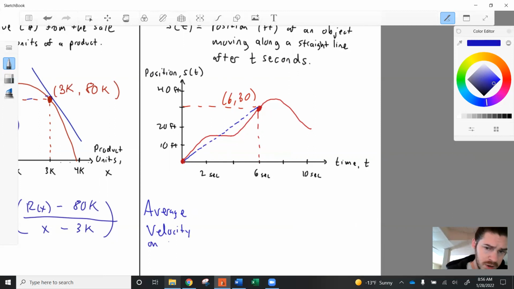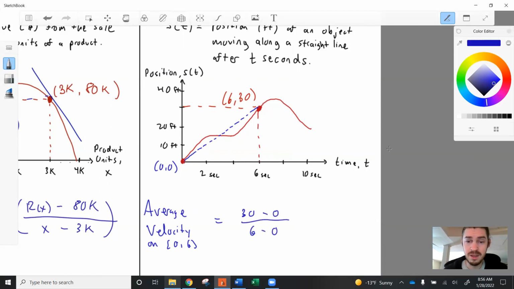on the interval from 0 seconds to 6 seconds, this is going to be 30 minus 0 over 6 minus 0. So that is actually 5 feet per second, right? So you could say on the first 6-second interval, the average speed is 5 feet per second.